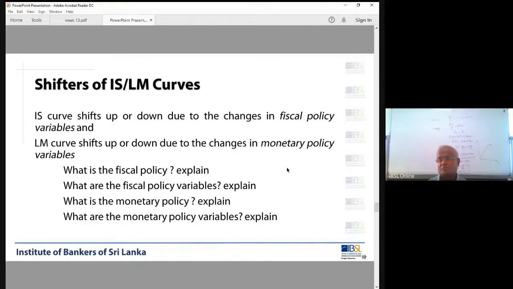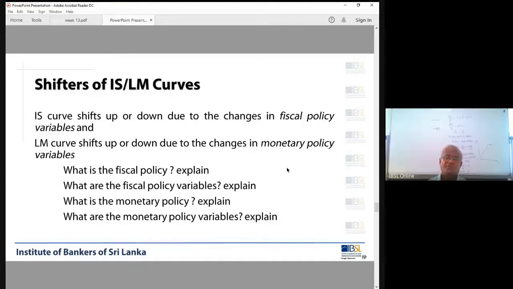Money stock and interest rate changes are its policy. What is monetary policy? The conscious policy implemented by the central bank, the monetary authority of the country, to influence the stock of money and the price of money, that is, the interest rate.